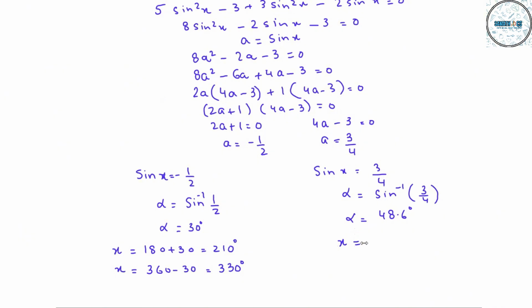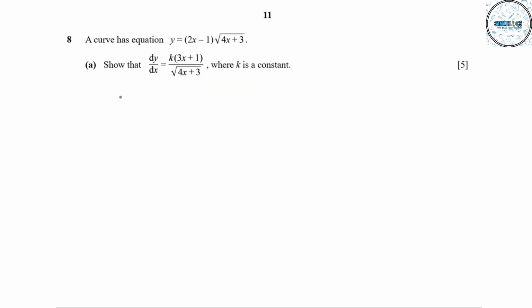In first quadrant, we have x is equal to 48.6 degree. In second quadrant, it is 180 minus 48.6, which is equal to 131.4 degree.